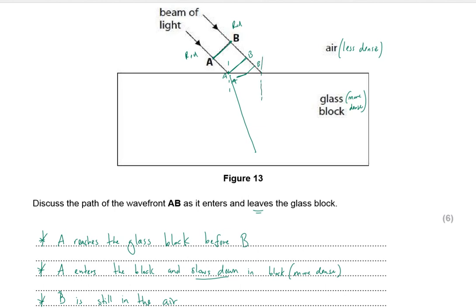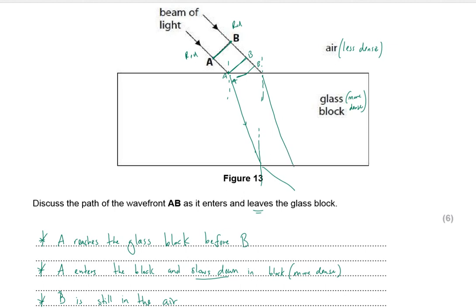Let me draw the normal again. Ideally you want to use a ruler. Here I'm doing it on my computer, so I don't have the function for the ruler on this one. So the normal, it's going to bend away.